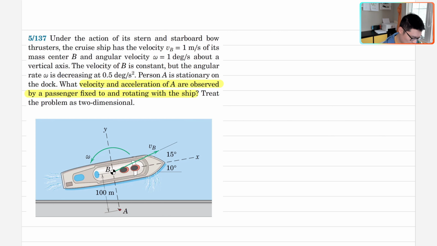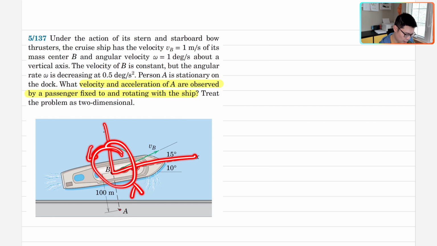And in this case, we are observing person A from the boat. So the boat itself is rotating, is moving. The boat itself, this XBY, is our rotating frame, and we are observing from the boat, looking at person A. Okay, this is our first priority. We've identified that we are observing person A from the rotating frame.